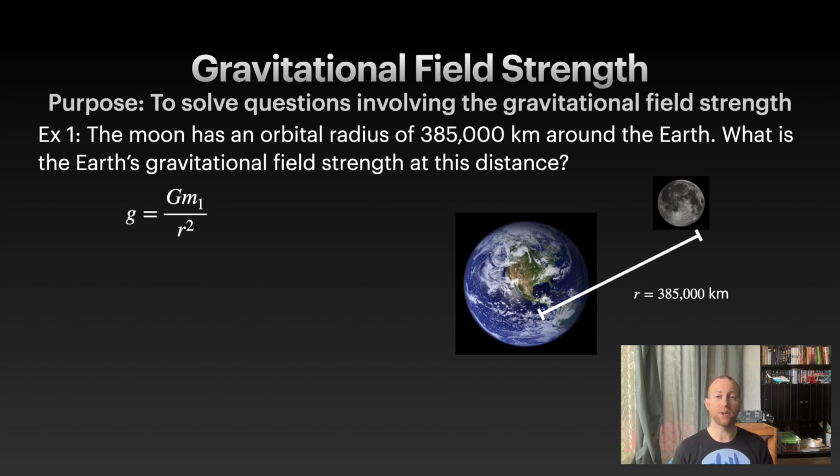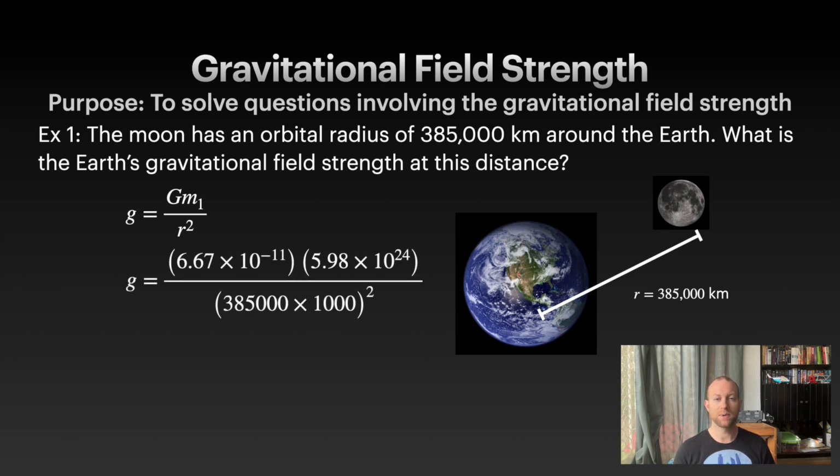So even though you have on your formula sheet the mass of the moon, I don't need it, because all I care about is what is the Earth's mass. That's the only one we're looking at. So plug in the numbers. Notice here I converted kilometers into meters for the orbital radius. And we get a really teeny tiny number because it's a very small acceleration.